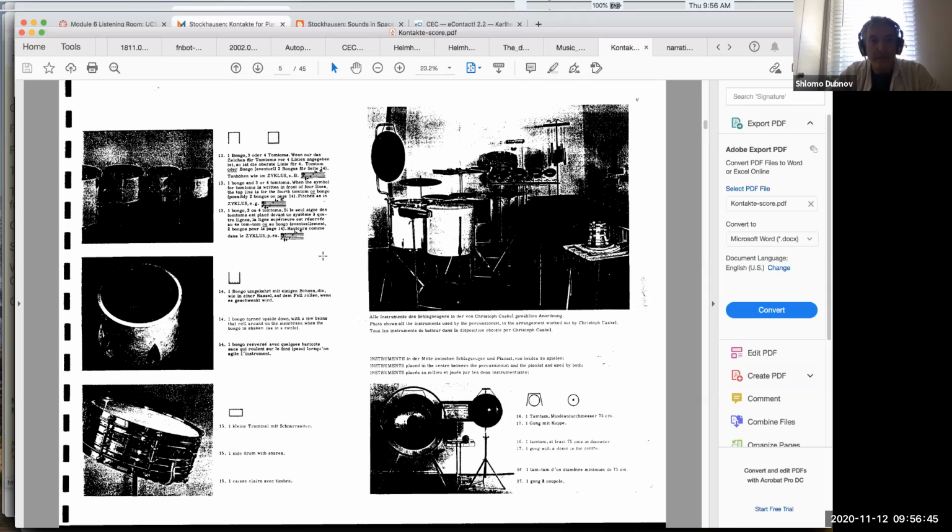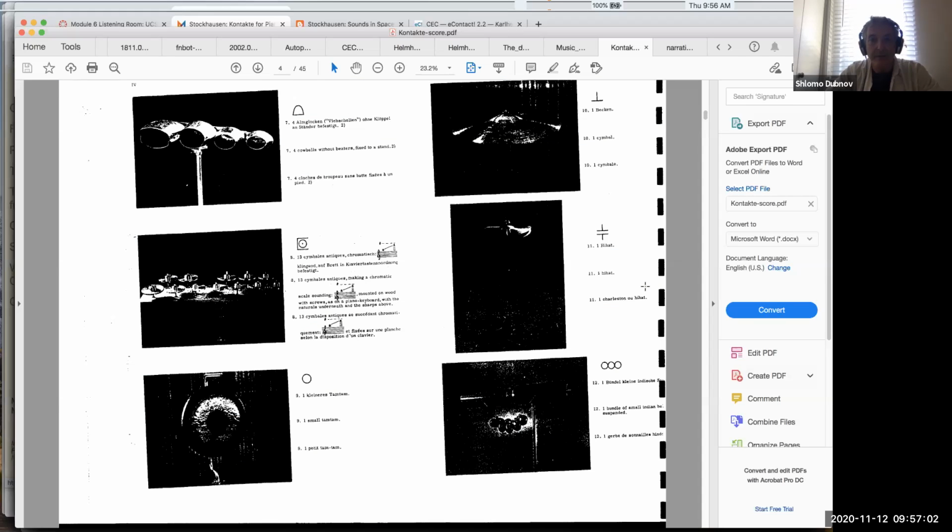So he actually elaborates a lot, and he creates his own notation for different types of sounds that could be performed or extracted from these sounds.